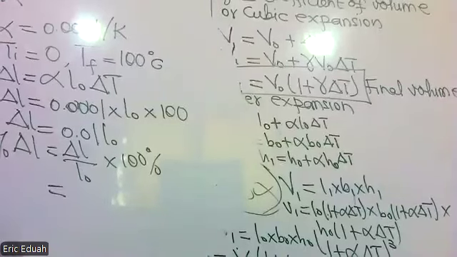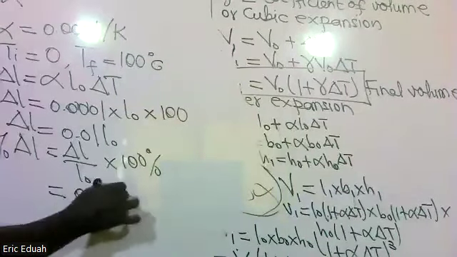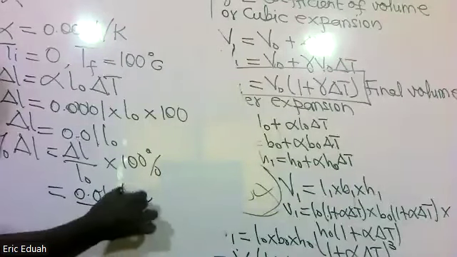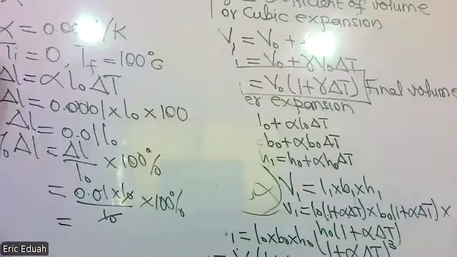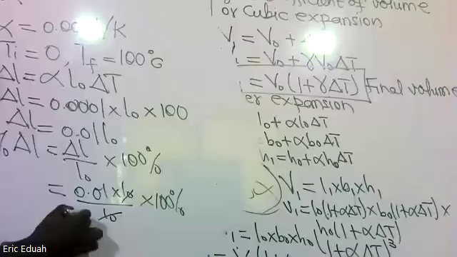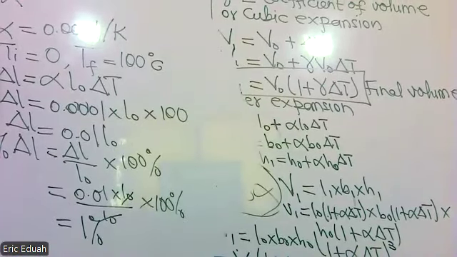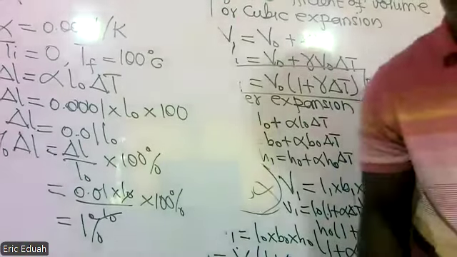This is equal to 0.01 times L naught over L naught. So obviously, L naught cancels out, and you have it to be equal to 1%. So the percentage change in the length would be equal to 1%, as answered by a lot of you.